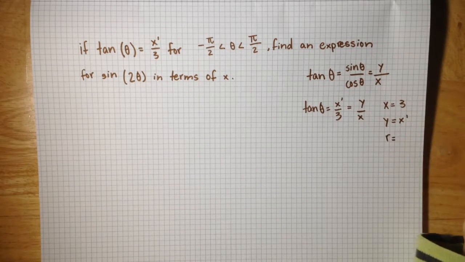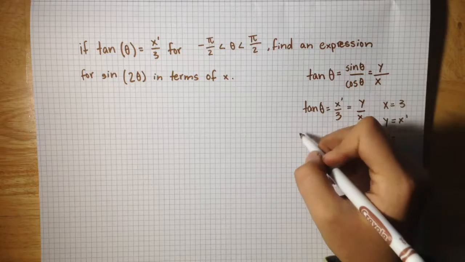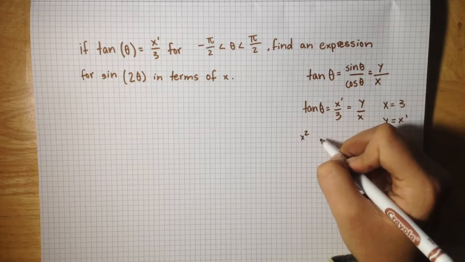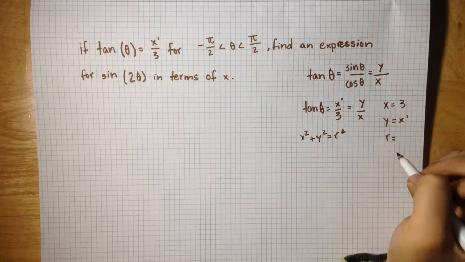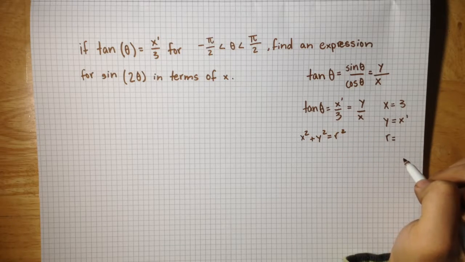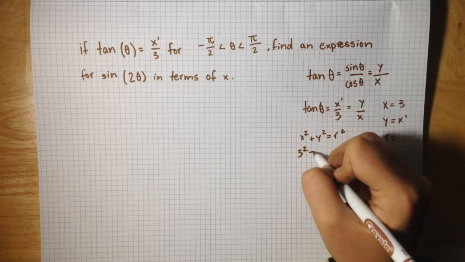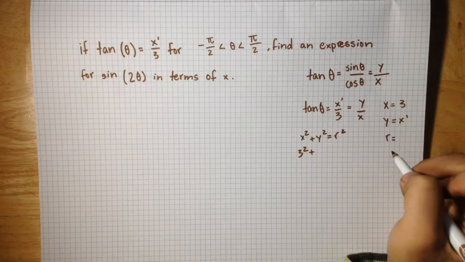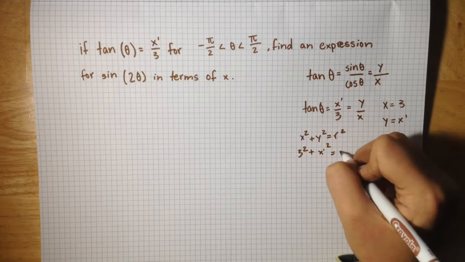And we need the radius. To find the radius, I'm going to use the equation x squared plus y squared equals r squared, which is the general unit circle equation. x is 3, so 3 squared, plus y is x prime, so x prime squared, is equal to r squared.